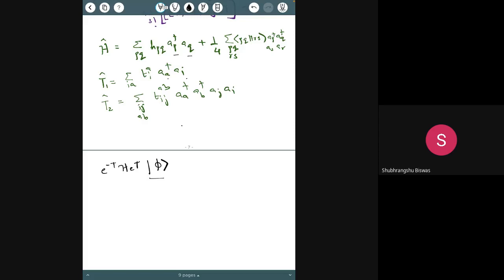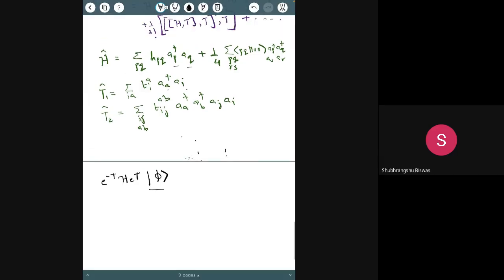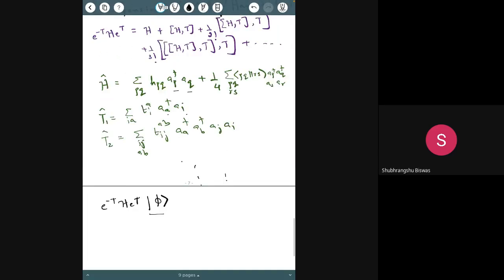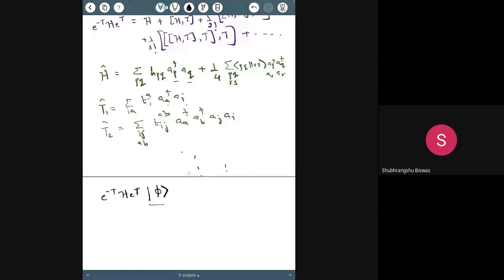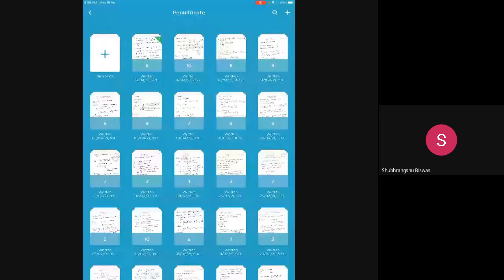Do you remember from I think 2 classes ago that we showed that if you evaluate commutators of operators, then you reduce the length of the string of creation annihilation operators. Let me go back to that and try to show you the, okay, that was quick.